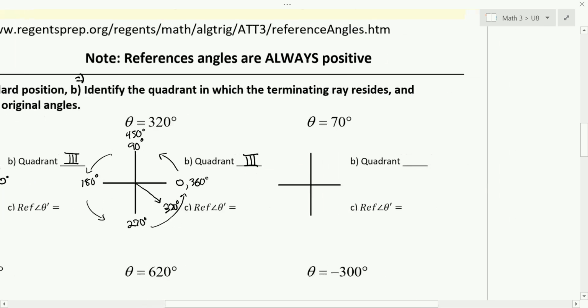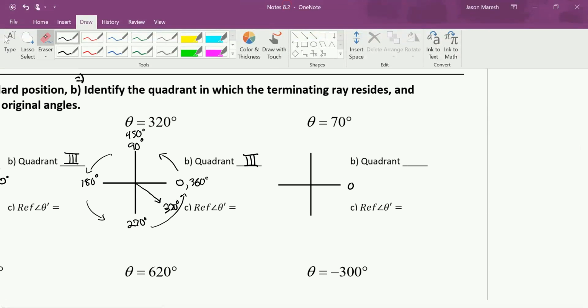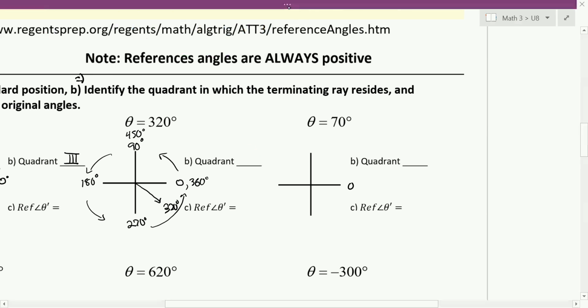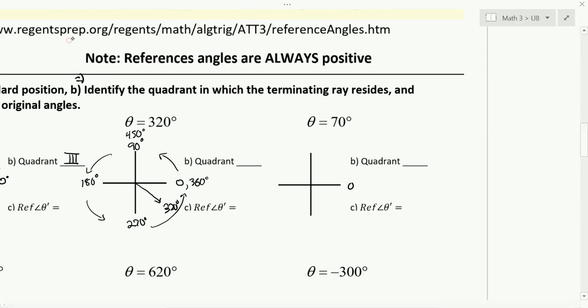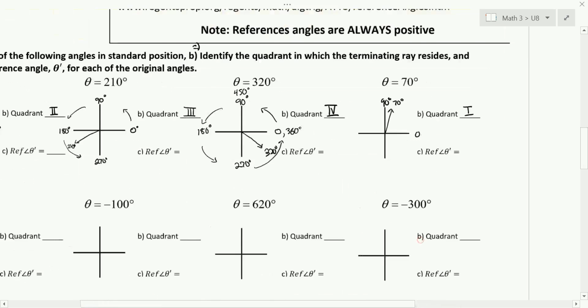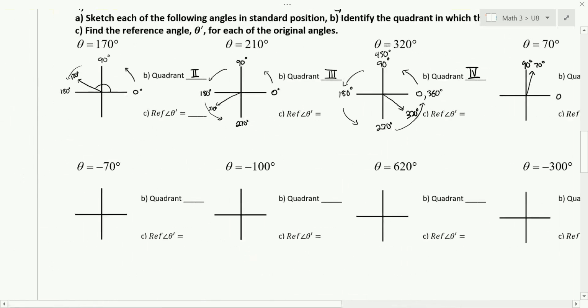And 70 degrees, you guys should have. Yeah, I was just checking to make sure you guys are paying attention. It's quadrant 1. 70 is between 0 and 90, closer to 90, in quadrant 1. Okay. The next row of angles here, we have negative angles.